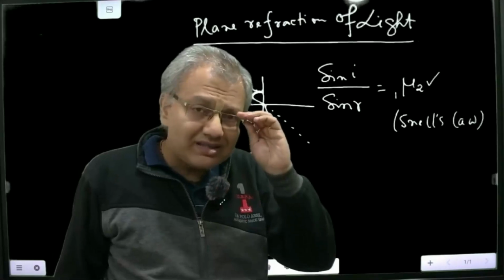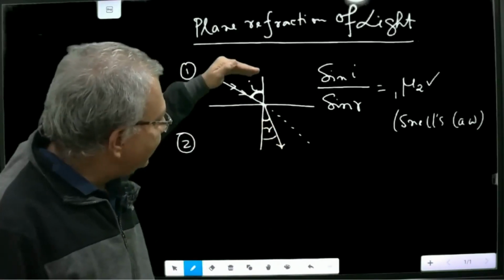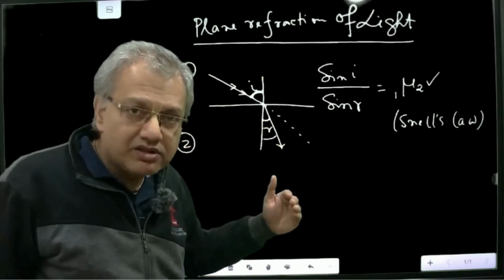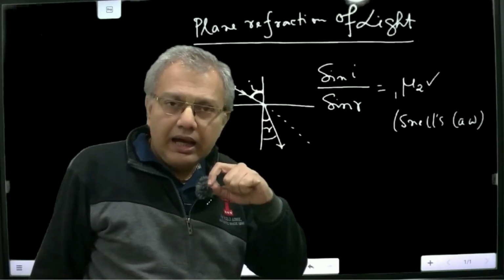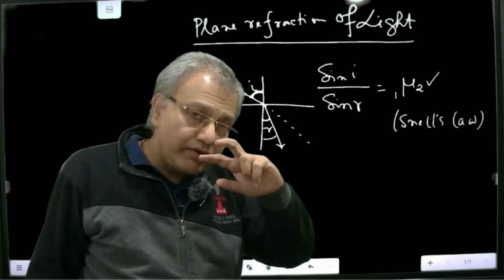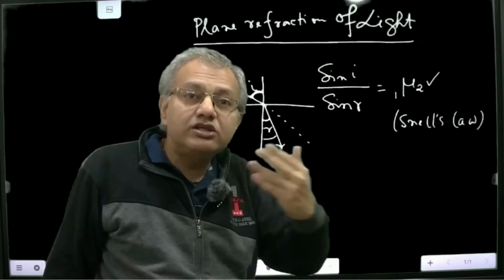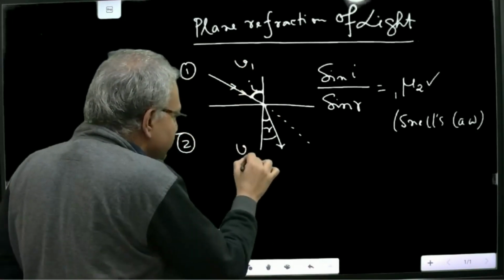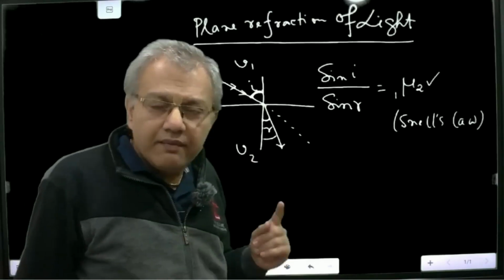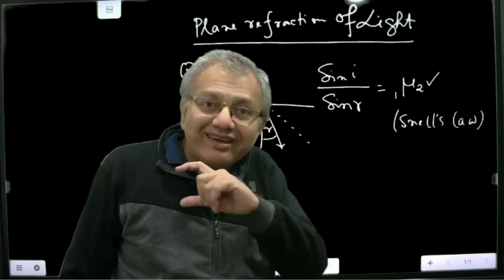If I want to analyze the process, why is the light going to bend, actually speaking? Whenever the light changes the medium, the speed of the light changes. Suppose the speed here is v1 and the speed here is v2. Why is it going to happen? Because the wavelength gets changed.